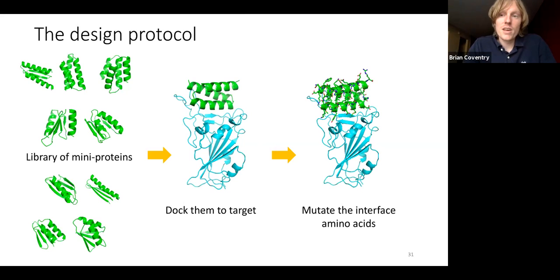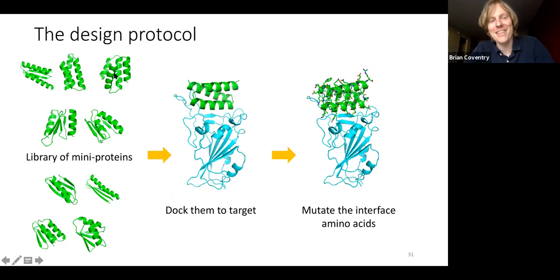And so here's what the design protocol looks like in general. There's a lot of ways to make binders to things, but this is the one that we've chosen. So what you do is you start off with your library of stable mini proteins. These were all verified by the protease assay, which guarantees they fold into something.